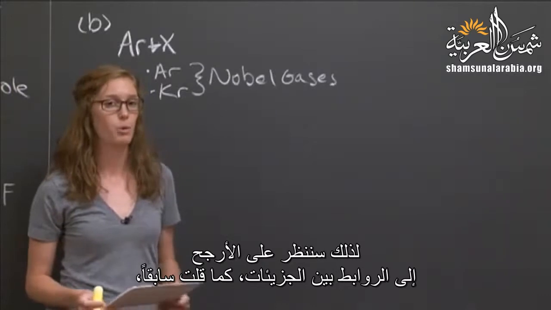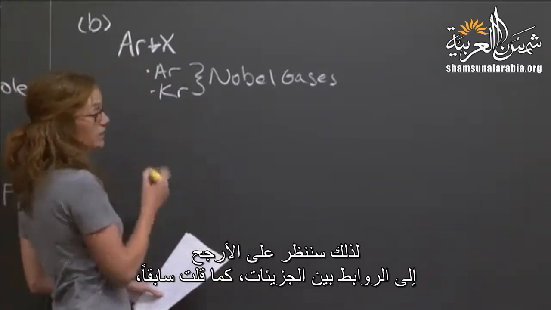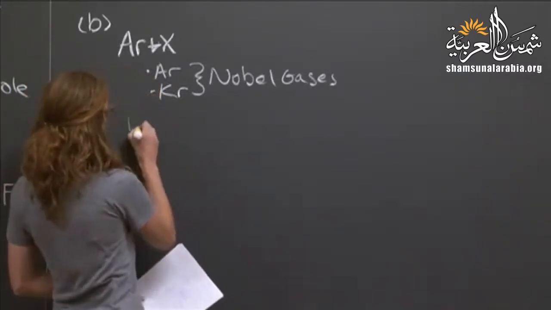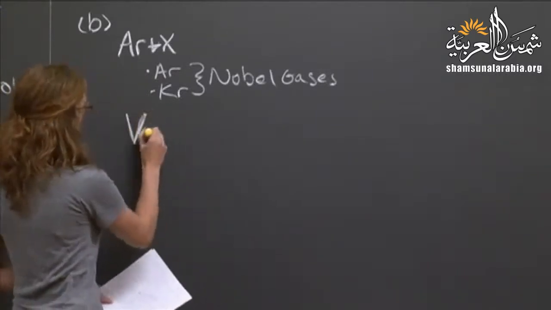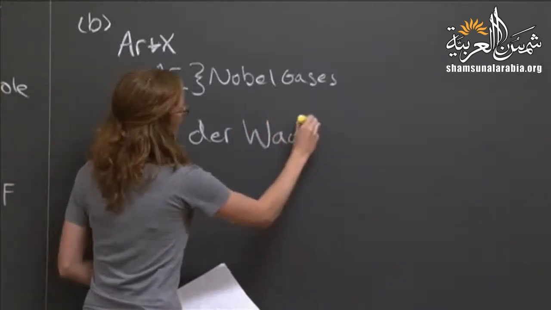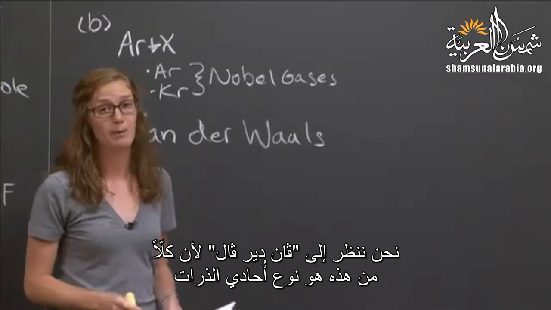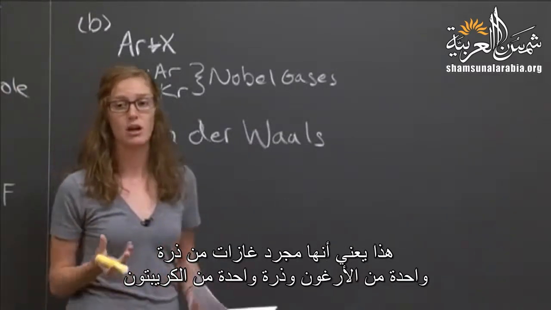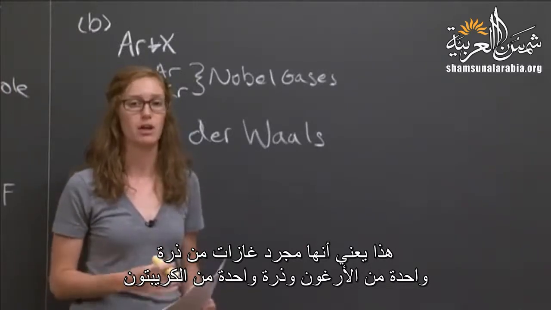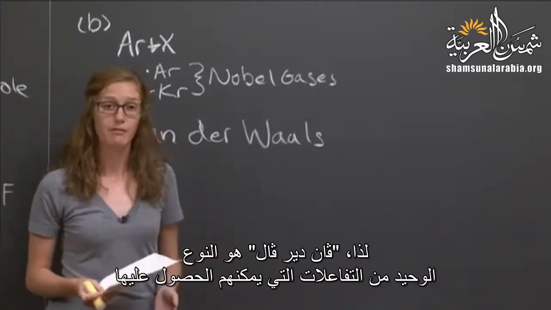Therefore, we will probably be looking at intermolecular bonds, as I said before, but also the weakest form, which is van der Waals. We're looking at van der Waals because each of these are a monoatomic species. That is, they just are gases as one atom of argon and one atom of krypton. And so van der Waals is the only type of interaction they can have.